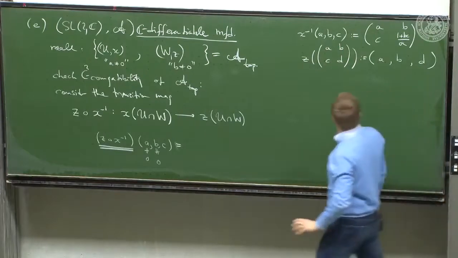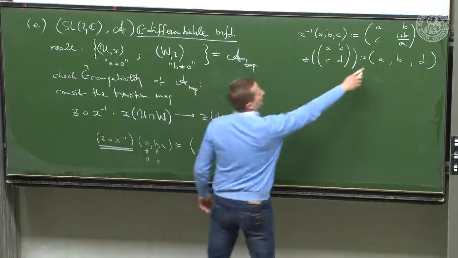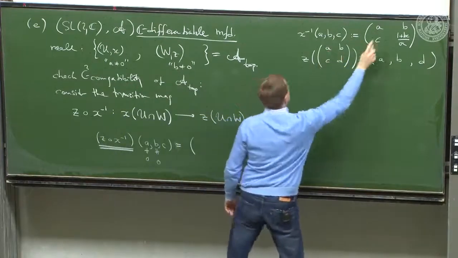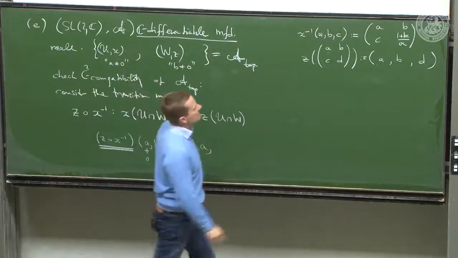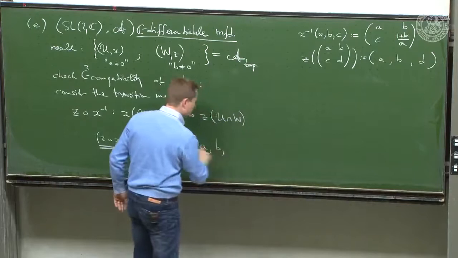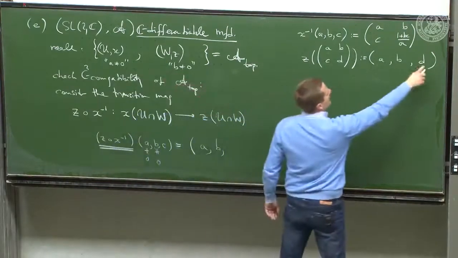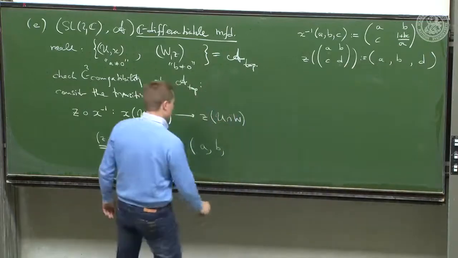We get the first entry, which is A, then the second entry, which is B, and then the entry 1 plus BC over A.